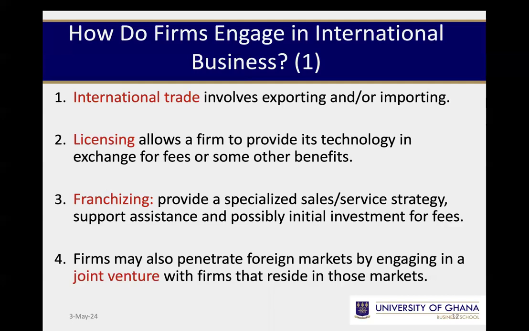So most firms actually enter markets by engaging in such joint ventures with firms that are already established in these markets, so that it allows the two firms or the three firms to apply the unique competencies that they have or the relative comparative advantages in the given project.